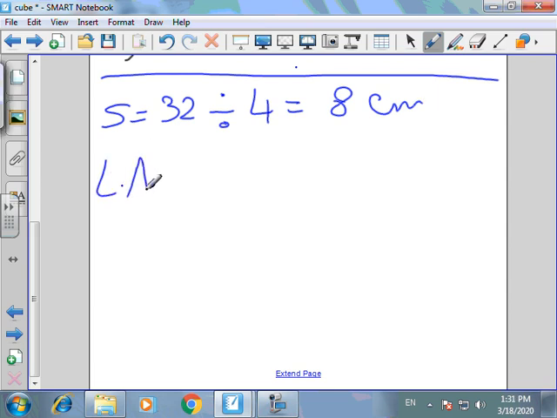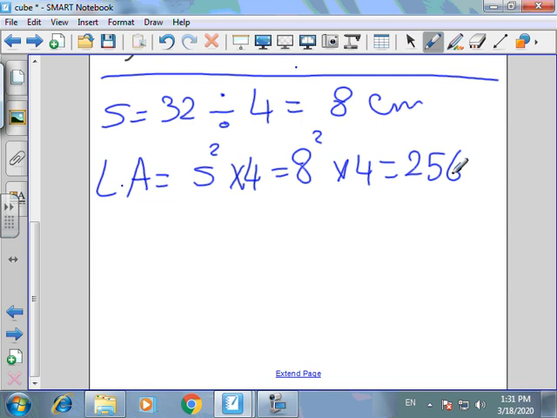The lateral area equals side squared times 4, which equals 8 to the power 2, or 8 squared, times 4, equals 256 centimeters squared. What about the total area?